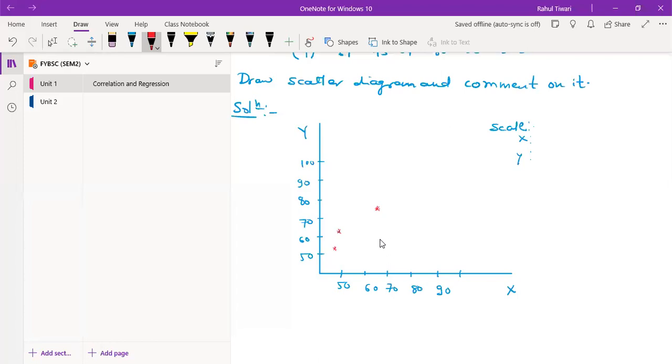Then 78 and 80. Then 83 and 85. Then 60 and 68. Then 87 and 90.